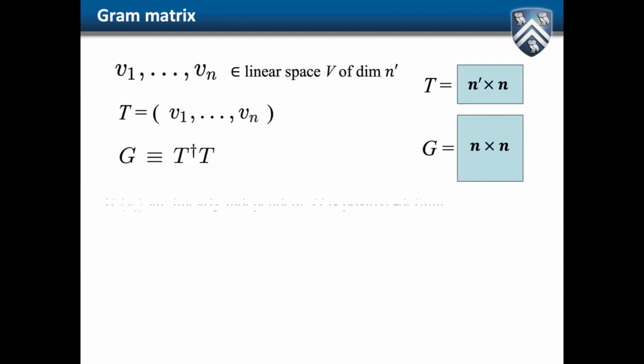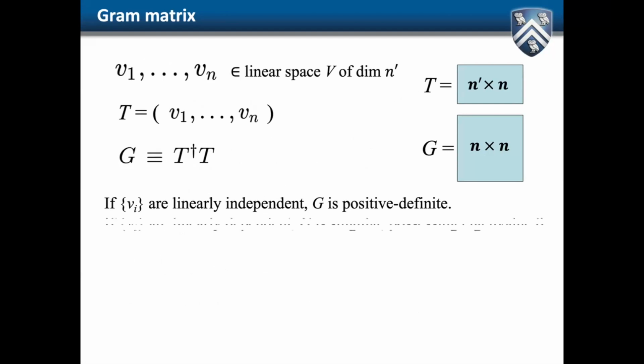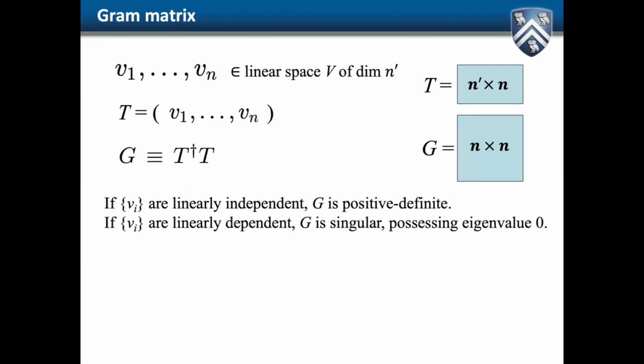And furthermore, if these n vectors that form the T matrix or graph matrix are linearly independent, we can show that the graph matrix is positive definite. If that's not the case, if these vectors are not linearly independent, then G is guaranteed to possess at least one zero eigenvalue.